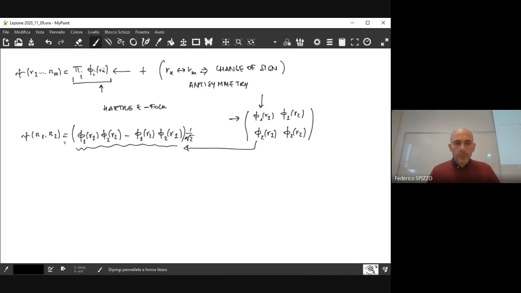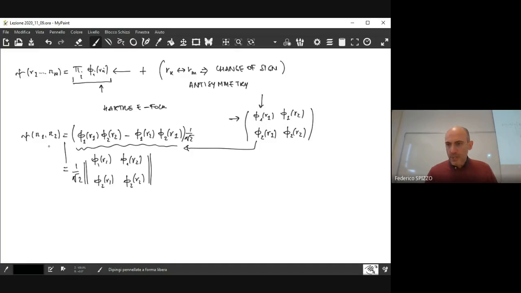So the idea was to write the wave function to use in this two electron approximation.